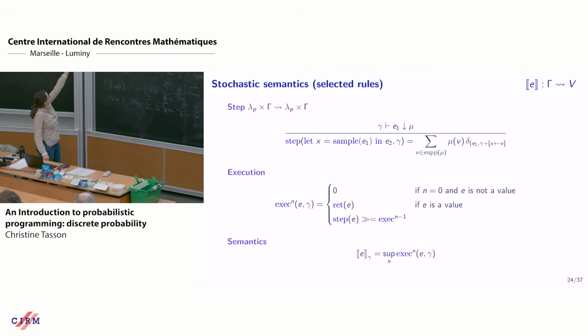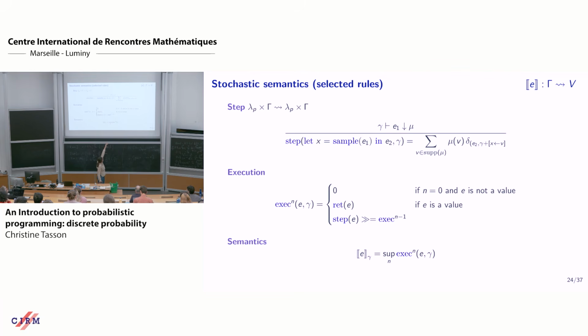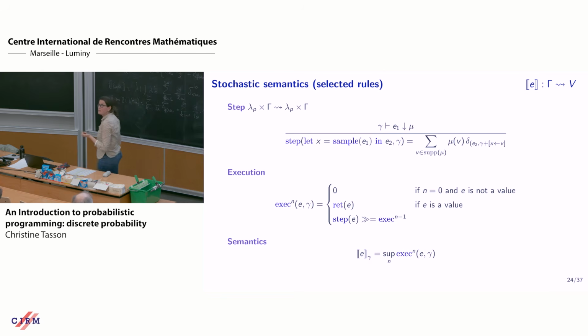So for instance, if I sample from mu and I store the result in X to use it in E2, what I will get is the sum over all potential output values V of mu, the probability distribution. I will multiply the probability of getting V by the Dirac that will be equal to 1 only on expression E2 evaluated in the context gamma, in which I have associated V to my variable X.